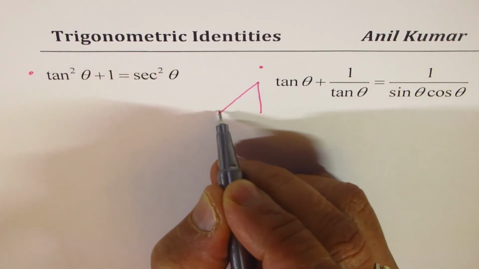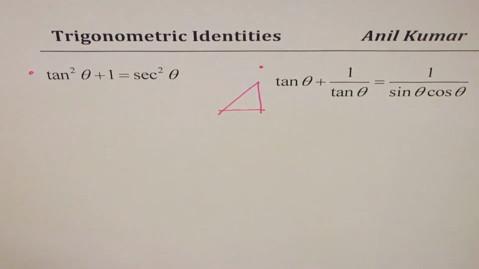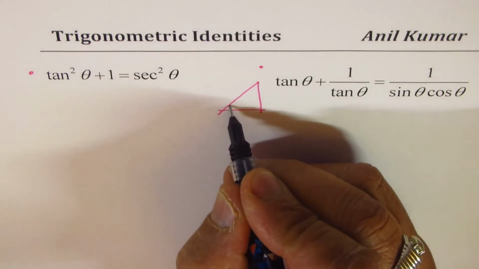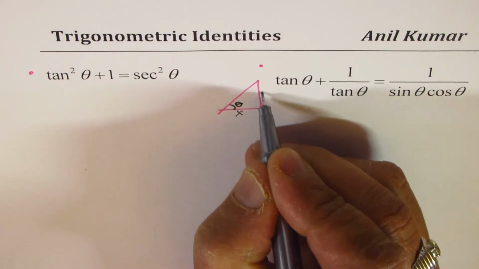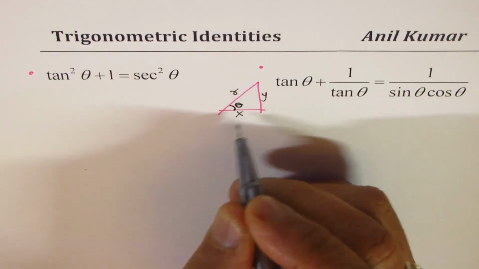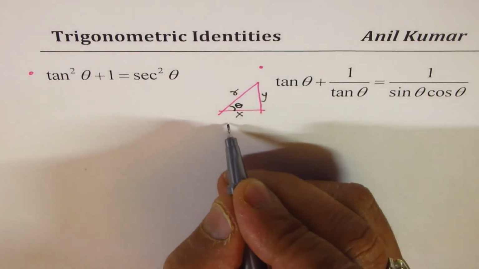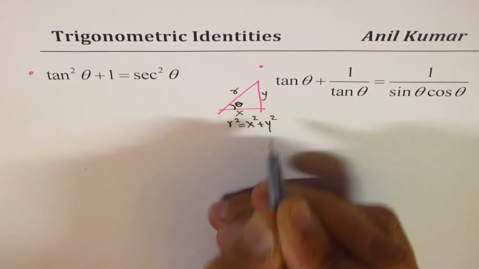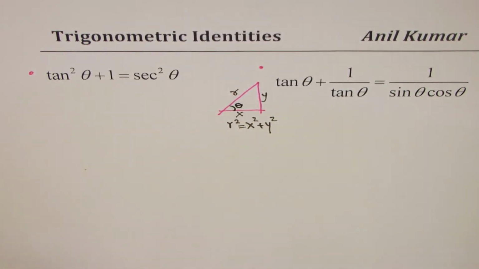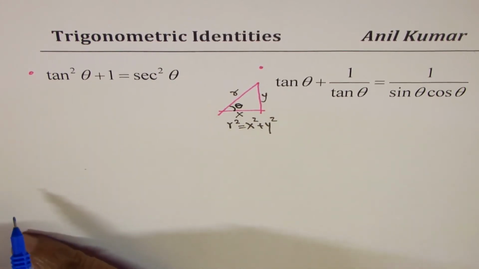We normally make it as if it is in quadrant 1. The angle here will be treated as theta, and the x value, y value, and r, right? These are the values. And what we know here is that r squared is x squared plus y squared, correct? That is what we are going to use to prove these identities.